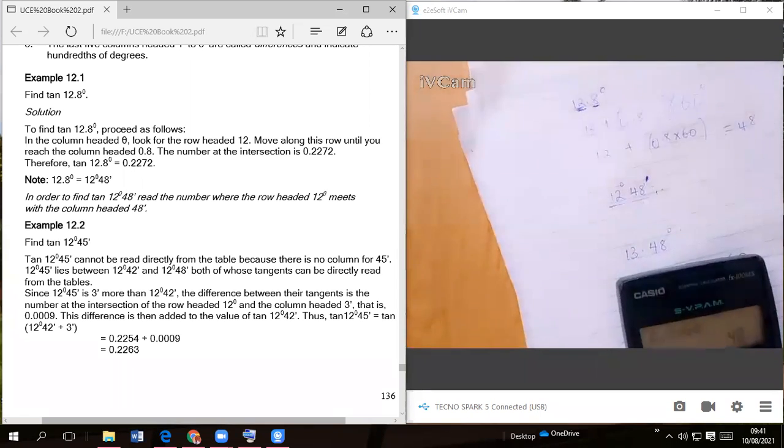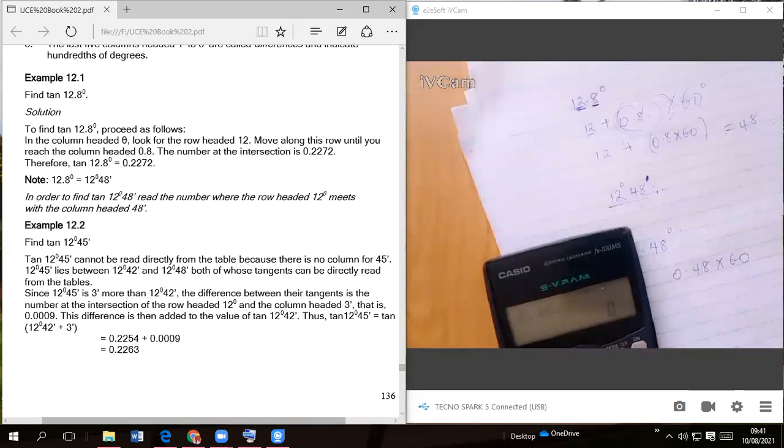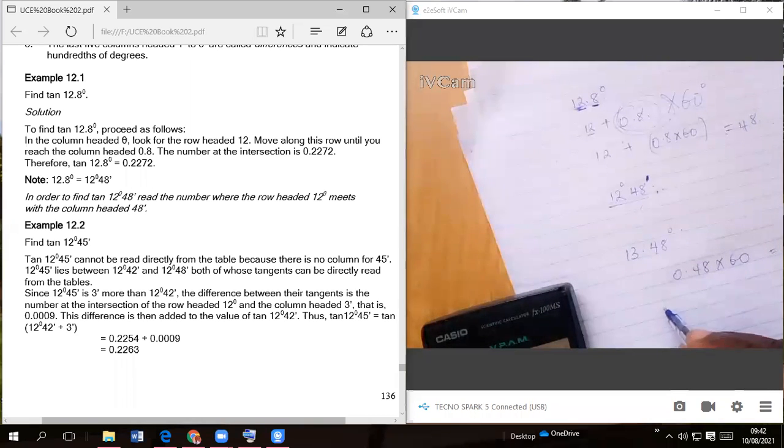So 0.48 times 60, we get 28.8 altogether. So we shall have 13 degrees, 28 minutes, and then 8 seconds, something like that.